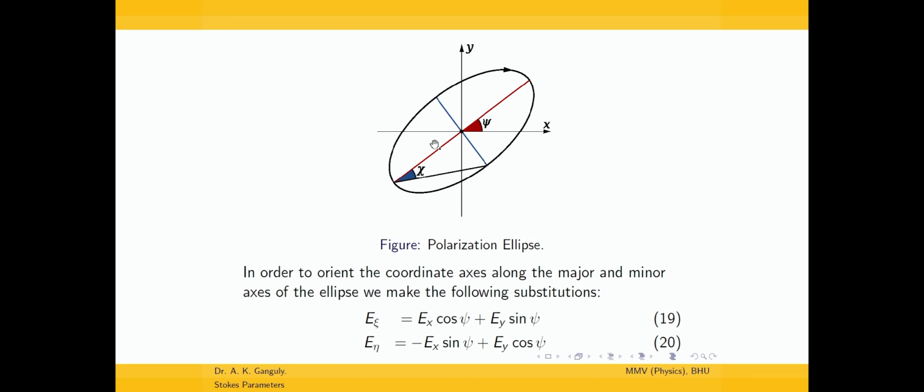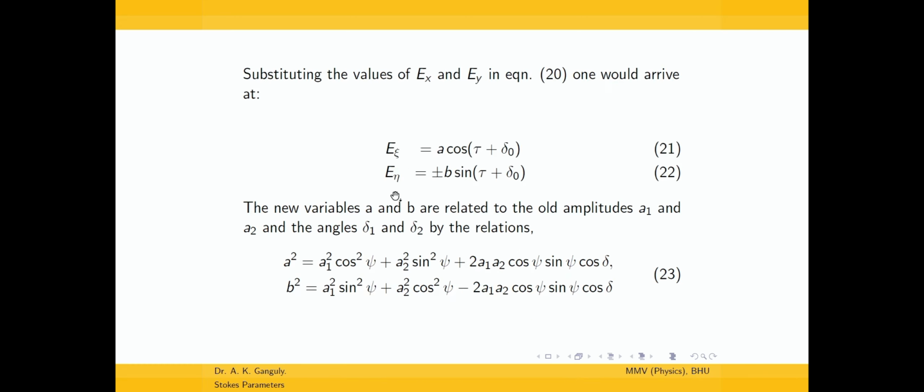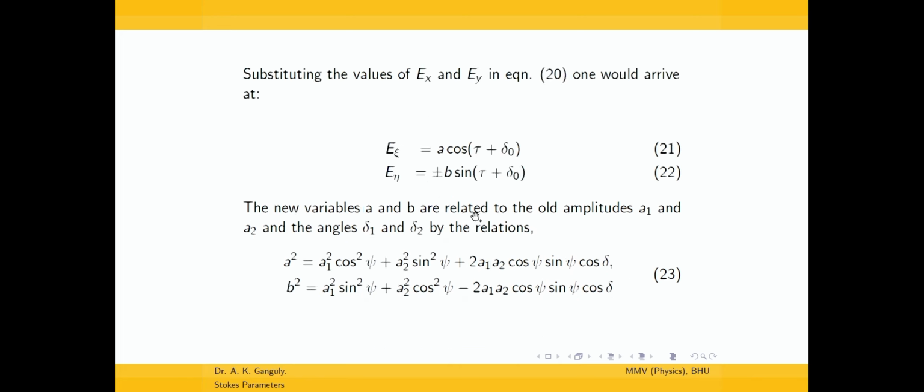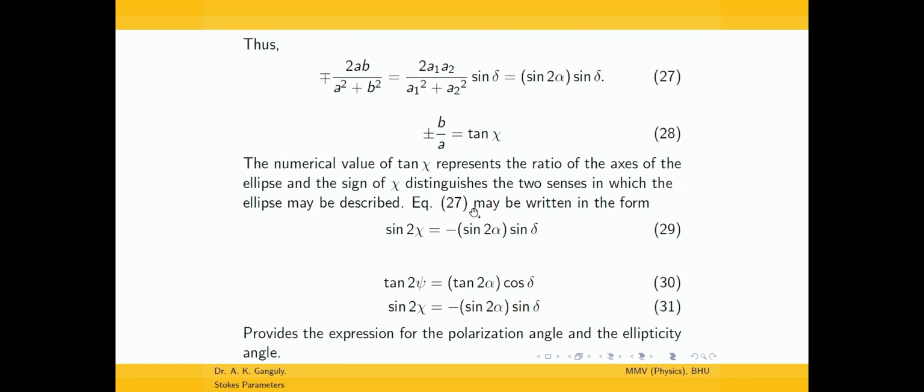So, to estimate these angles, we can make some mathematical transformations, like go to a new frame by rotating the original vectors E x and E y in some particular way, and then in the process come across certain measures that will tell us the size of the ellipticity angle.